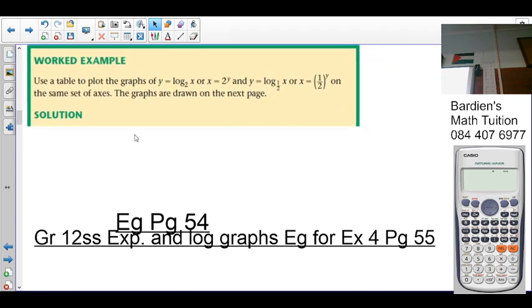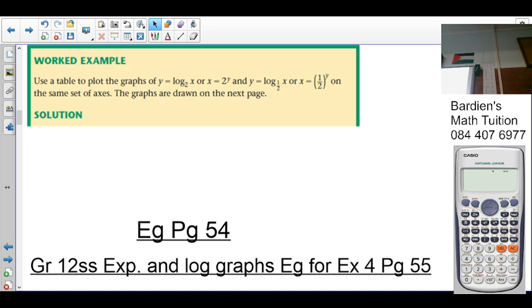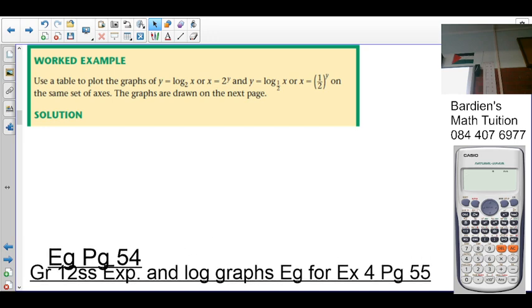Okay, it says use a table. So we are more familiar with exponential functions. So what we do is we take this function, y equals log x base 2, and I work out its inverse function.